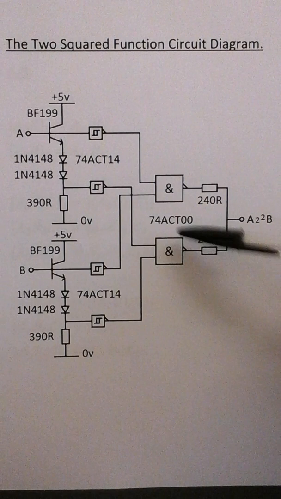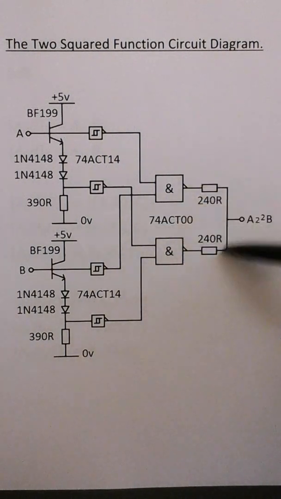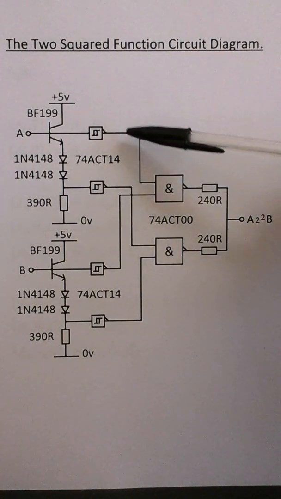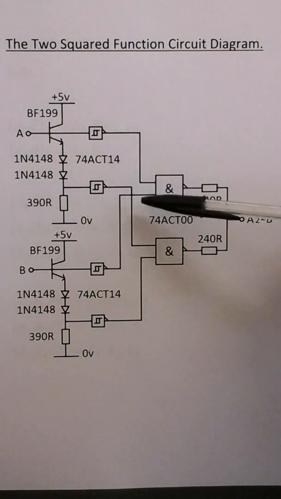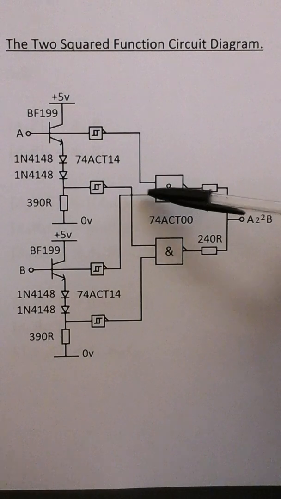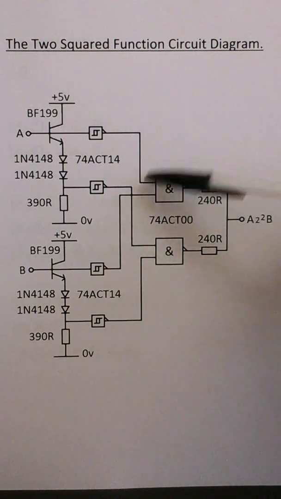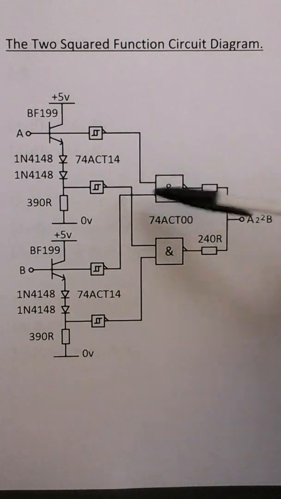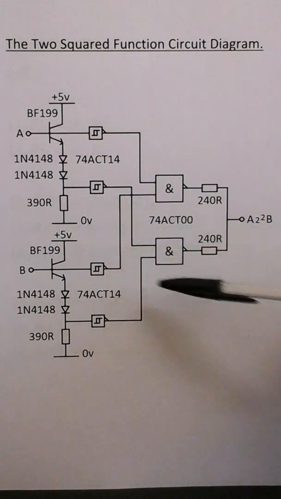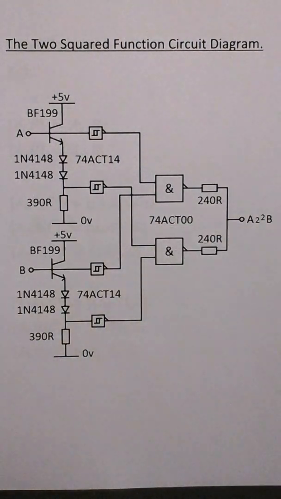These are the NAND functions, 74S00, 240 ohm resistors. This is the output. So here we have not A2, and not A1 and not B1. Not A1 NAND not B1, and this is not A2 NAND not B2 here.